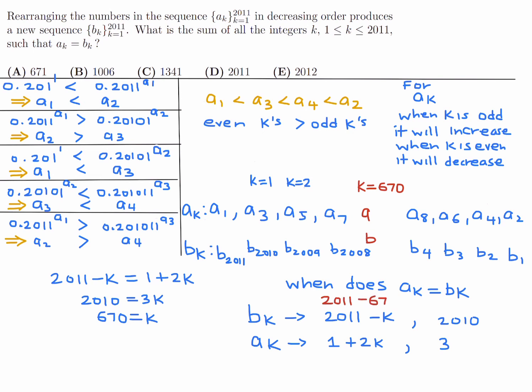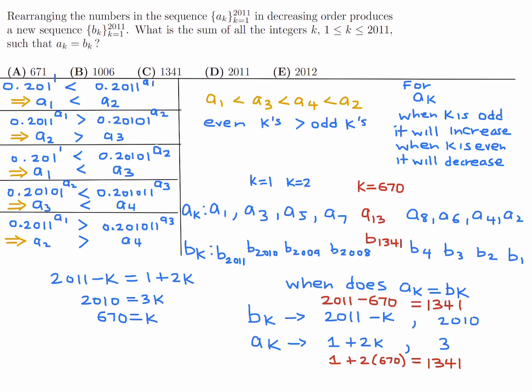Well, when K is 670, we have 2011 minus 670, and that is equal to 1341. So that makes it B1341. And now let's figure out A. A would be 1 plus 2 times 670, and that's going to be 1341.